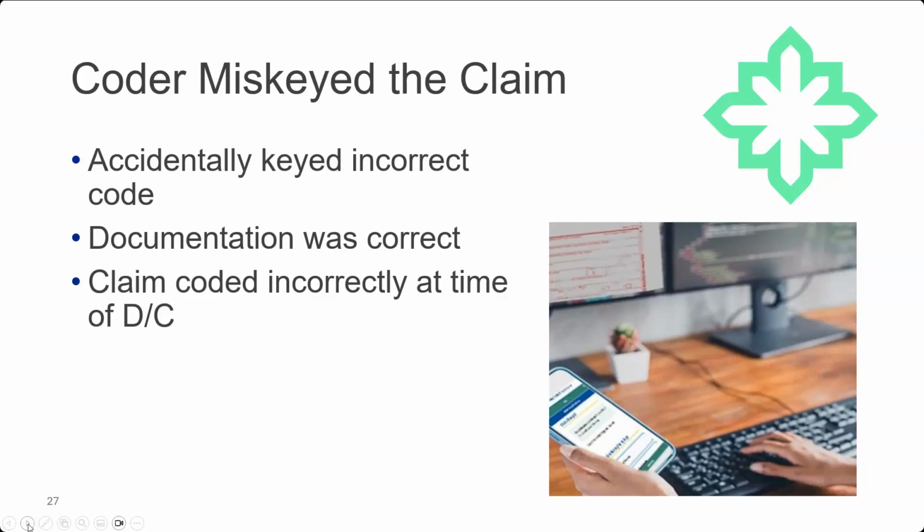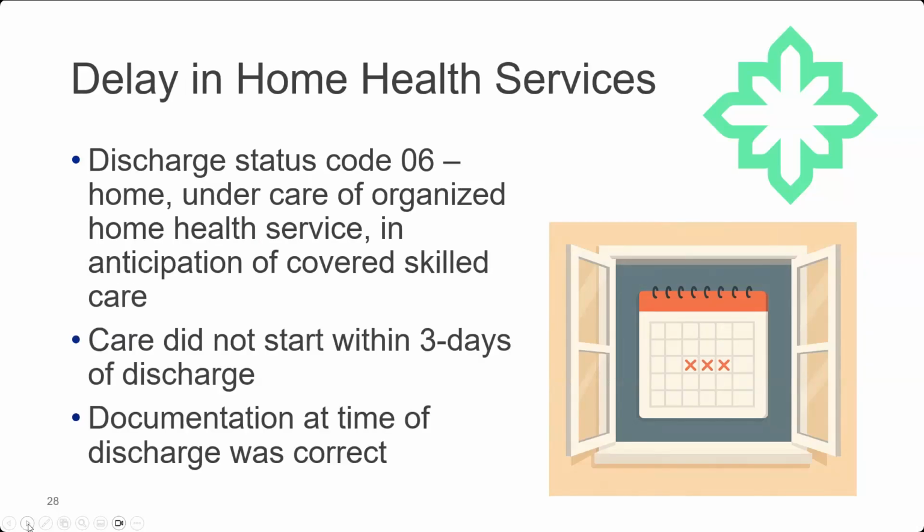So moving on to the next slide. The next issue, and we've talked about this as well, but I just want to reiterate, is a delay in home health services.